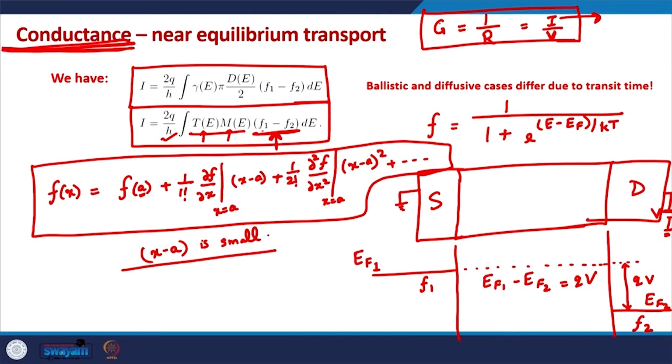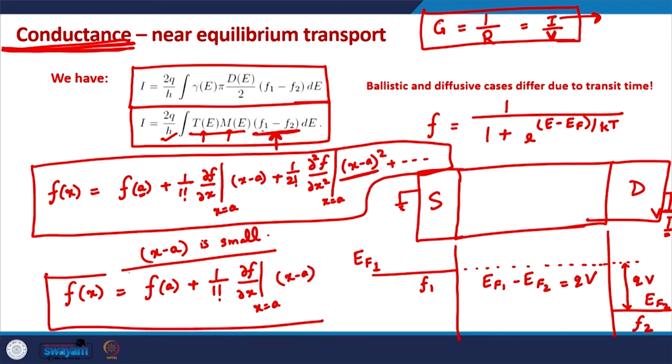In that case, the second order and higher order terms can be ignored, because these will be very small coefficients and they will make everything almost tend to 0. So, when x minus A is very small, in a close vicinity of a point, a continuous function can be approximated by this, just using the Taylor series expansion up to first order terms.